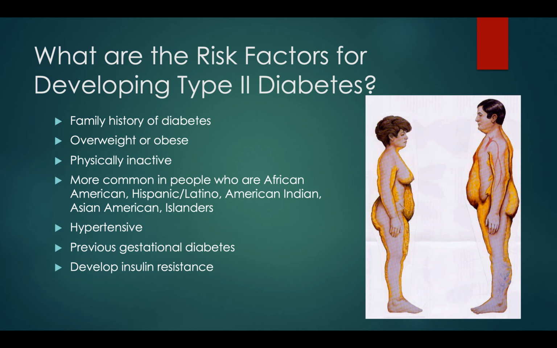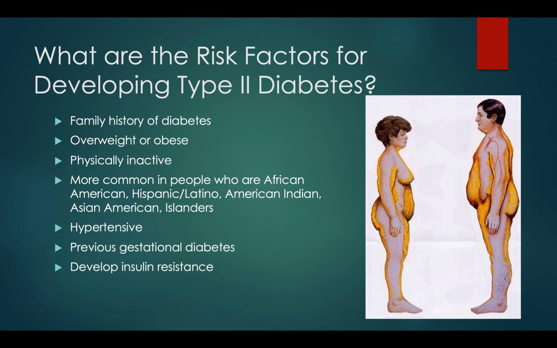When you look at the various risk factors for developing type 2 diabetes, you've got the family history that can increase your likelihood of developing diabetes. Overweight and physically inactive. Those are the two main lifestyle factors that contribute to a higher risk of developing type 2 diabetes. It is more common in certain peoples, such as the African American, Hispanic, and Latino populations, the American Indian, Asian American, and those of the islands, the Pacific Islanders.